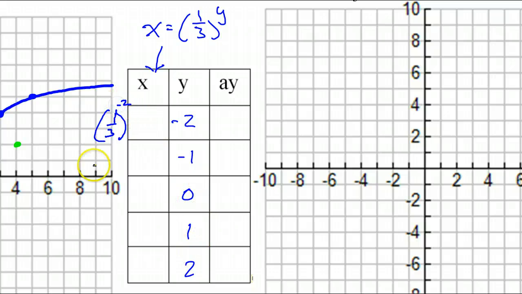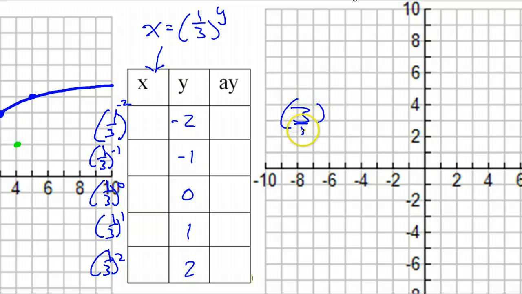So 1/3 to the -2, 1/3 to the -1, 1/3 to the 0, 1/3 to the 1, and 1/3 squared. Now a negative power is going to make the reciprocal. So this would be like 3 over 1, or just 3, with a +2 power. Obviously that's 9. Reciprocal, that's 3. That's 1. That's 1/3. That's 1/9.